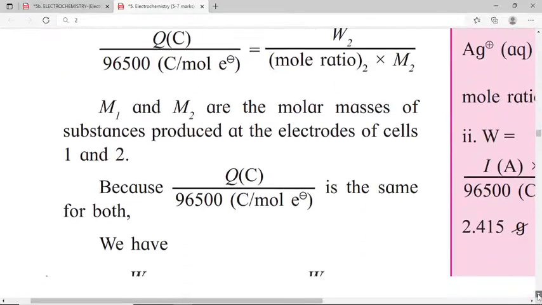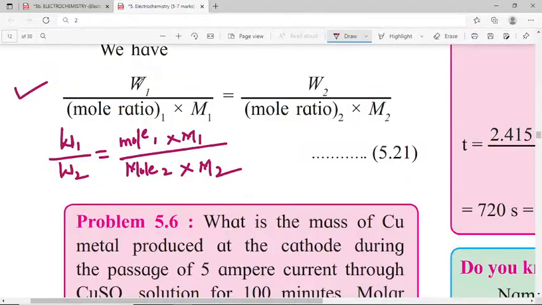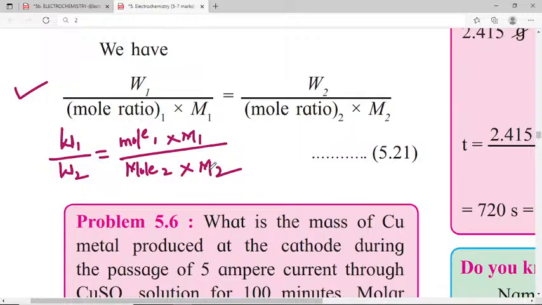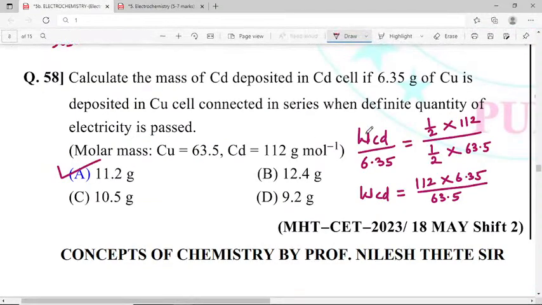This is the formula: weight of one cell W1 divided by mole ratio of 1 multiplied by molar mass of 1 is equal to weight W2 divided by mole ratio 2 multiplied by molar mass of the second.